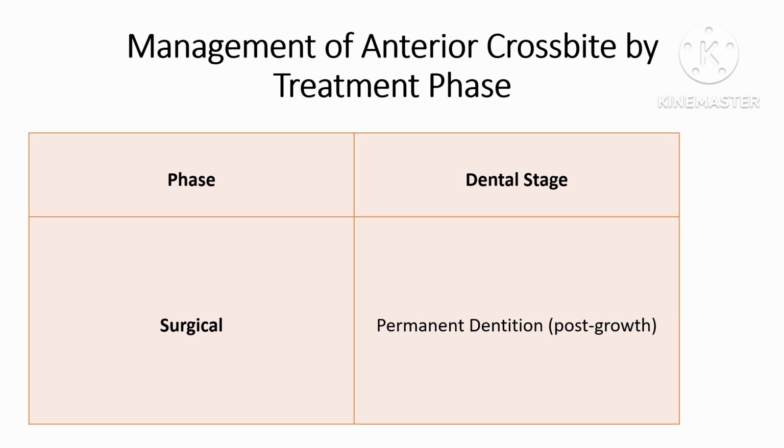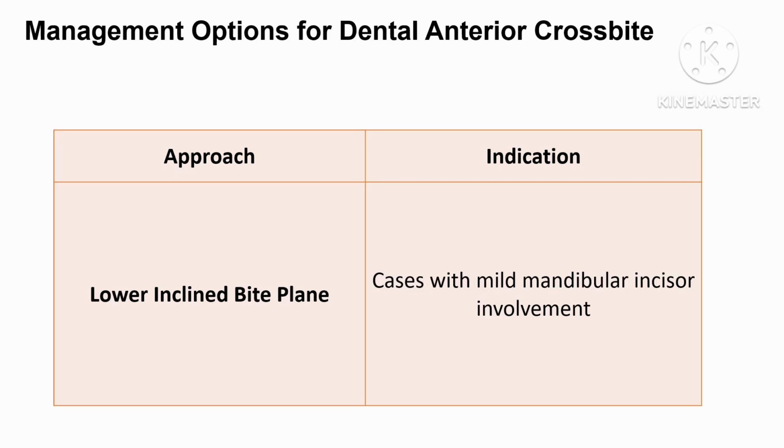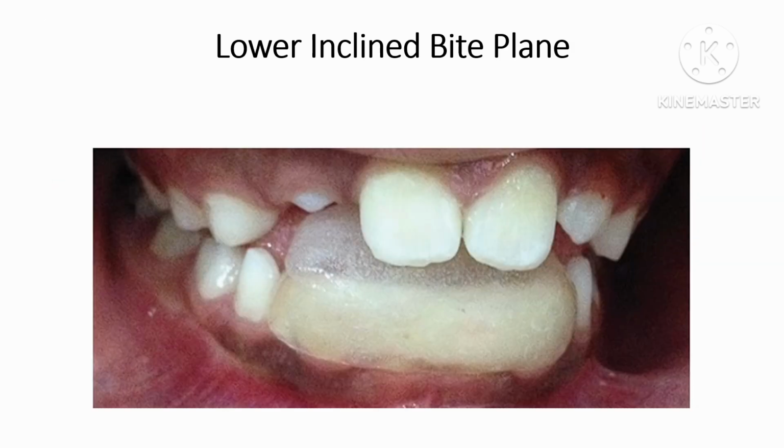Simple methods like tongue blade therapy or extracting retained deciduous teeth can help in mild cases. For more active correction, an upper removable appliance with springs or screws can gently move teeth into position, especially in cooperative patients. A lower inclined plane helps guide the lower incisors back by altering the bite path and can be removable or fixed.